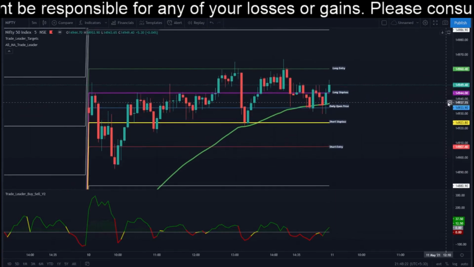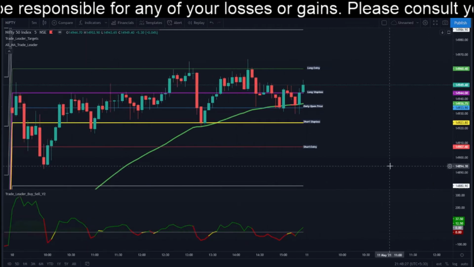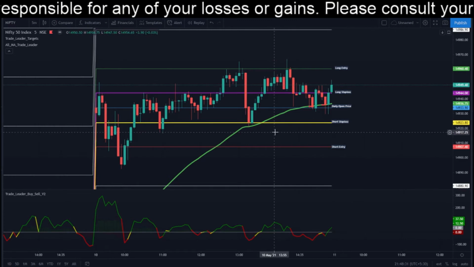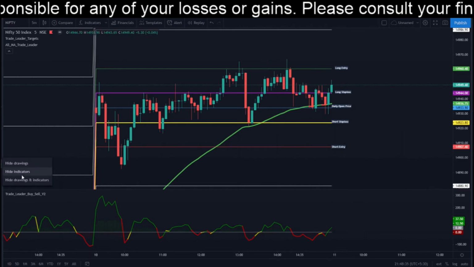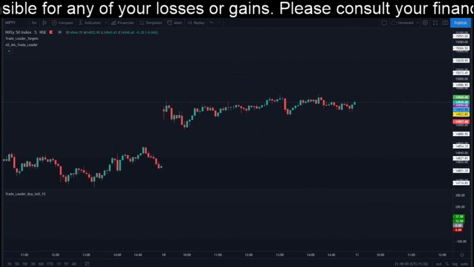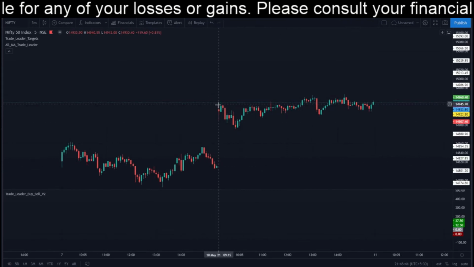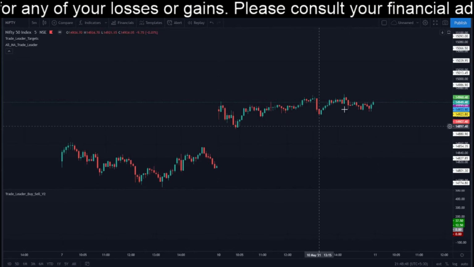Okay, and why am I stressing on the opening price? Because this indicator, my indicator, draws the lines on the opening price. See, if I hide all the indicators, nowadays the market is opening with huge gap ups, and the entire day it spends time just in that range itself.